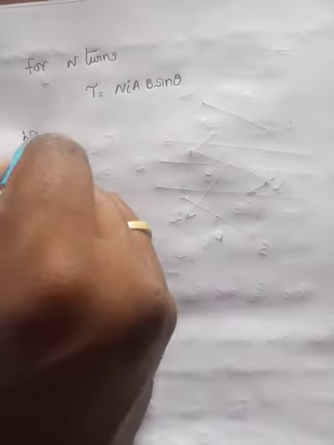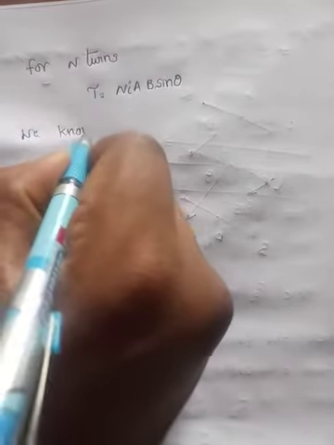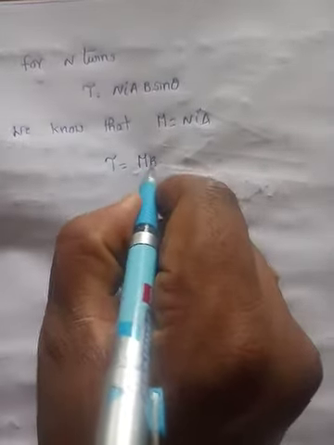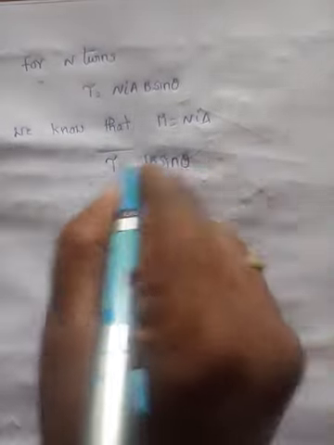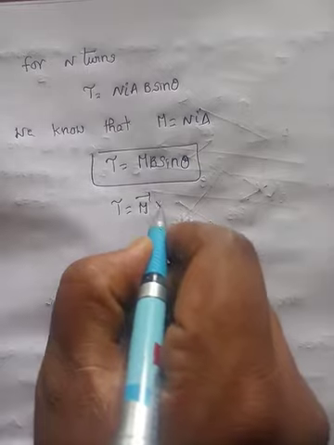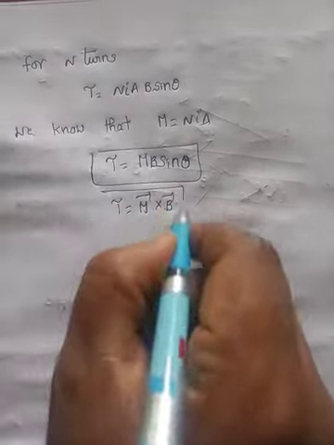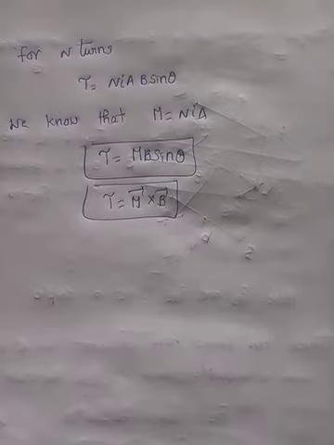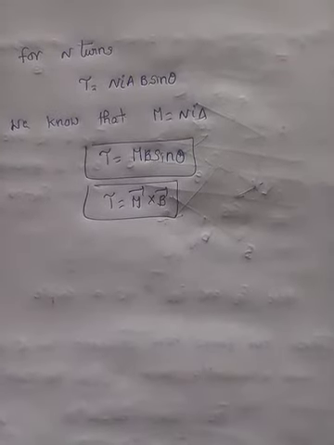Already we know that magnetic moment M is equal to NIA. Therefore tau is equal to MB sin theta. So this is the torque acting on a rectangular loop in a uniform magnetic field, where tau is equal to M vector cross B vector. So this is the way to calculate the torque acting on a rectangular loop.